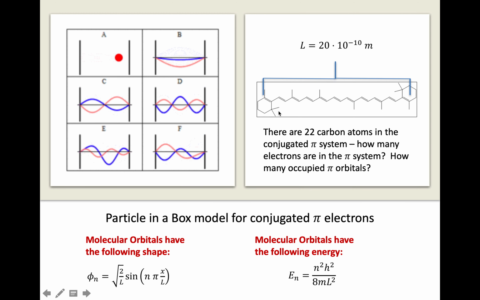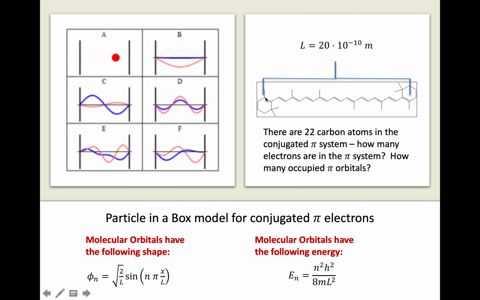And then the other question we have to answer is, what is the length of the box? We're going to define the length of the box as basically the end-to-end distance of this conjugated pi system. So we're going to take the leftmost carbon atom involved in the conjugated pi system, which is right here, on this left-hand 6-membered ring, and then the rightmost side of the conjugated pi system we'll call this carbon atom, also on the 6-membered ring.